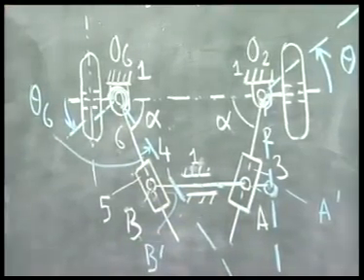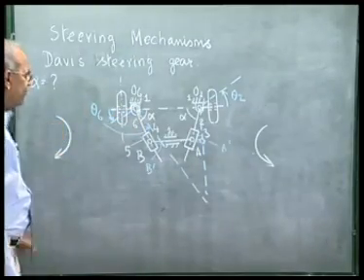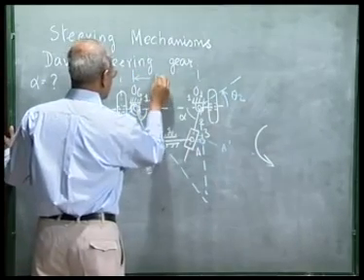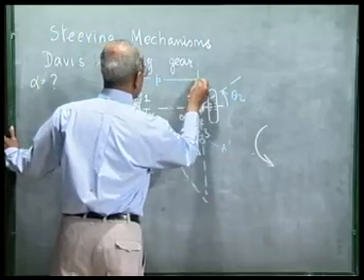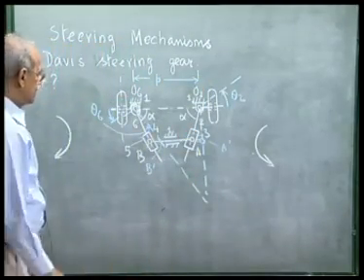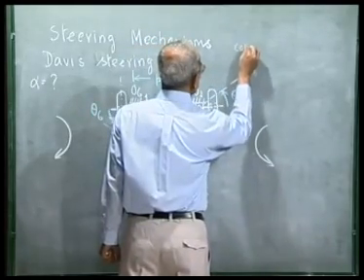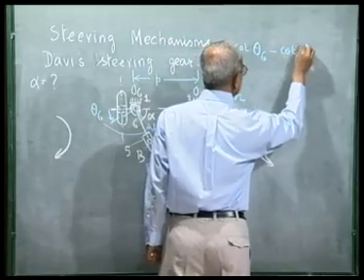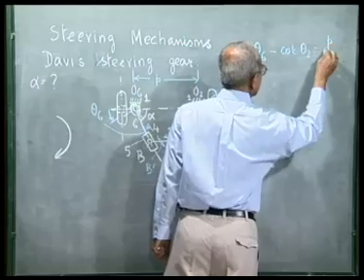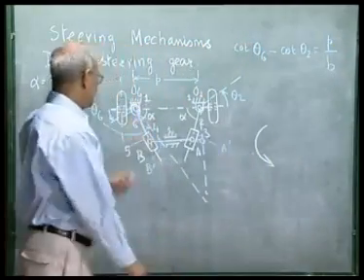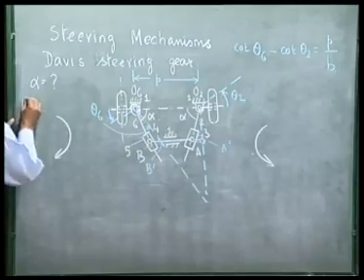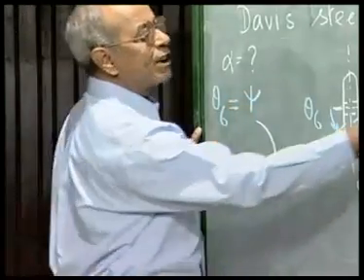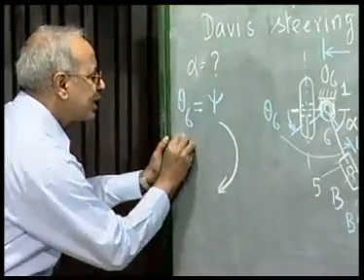You have to find the value of alpha such that the steering requirement is fulfilled. If we remember, this distance between the pivots we denoted by P, and the steering requirement was cot of theta 6 minus cot of theta 2 was P by B. In our previous diagram, theta 6 we denoted as the rotation of the outer wheel, which was psi, and theta 2 was the rotation of the inner wheel, which we denoted by phi.